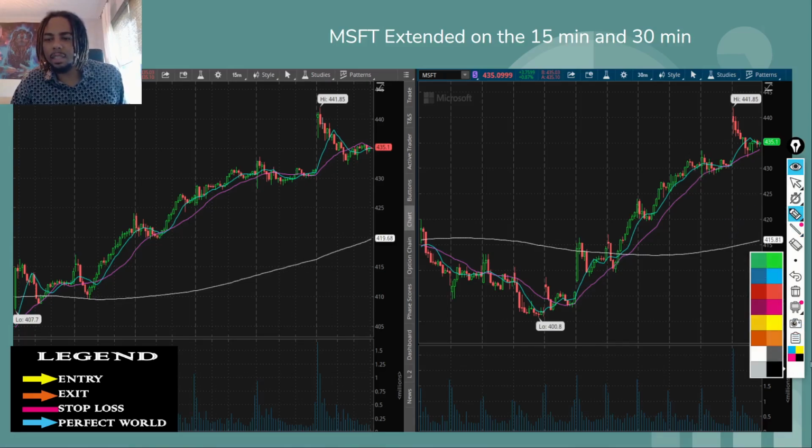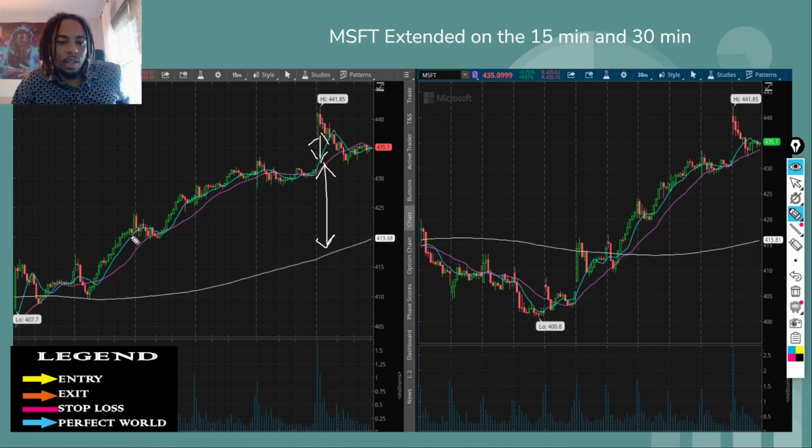But look at how price here. See how we're in this wide state? This is today. This is Tuesday. See how we have this wide state right here? Now we have another wide from the price and the 20. So notice here you have that same thing, but this extended state is not that big yet, right?